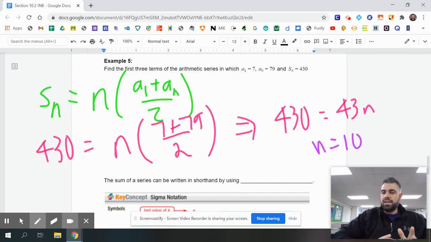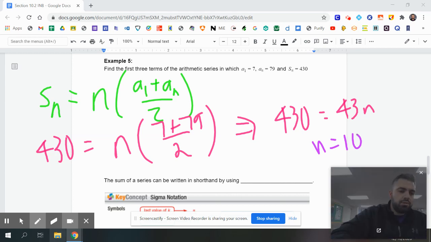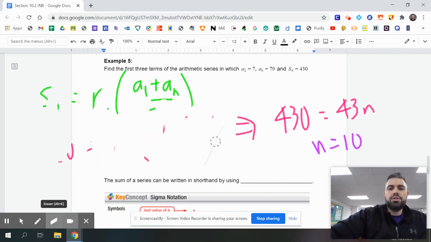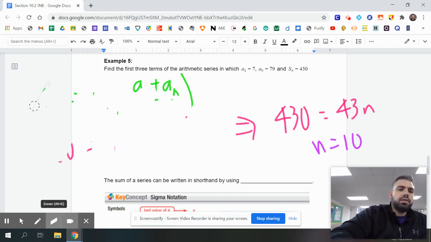So if I know that there's 10 numbers in my sequence, and I know that the first one is 7 and the last one is 79, I can figure out the common difference. I do that by going back to that original arithmetic sequence equation.